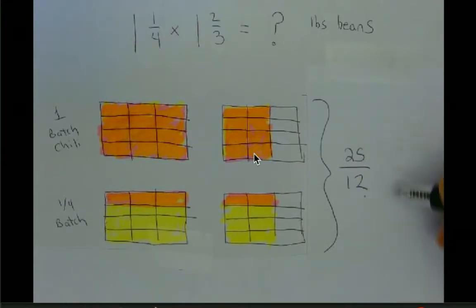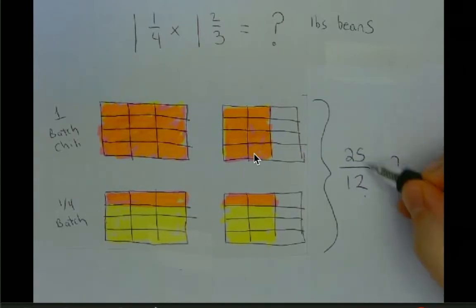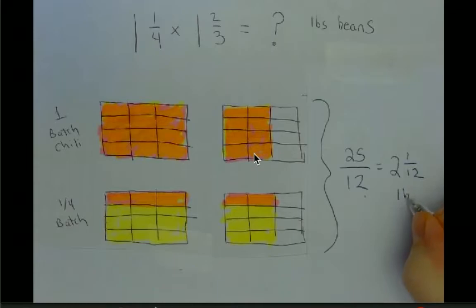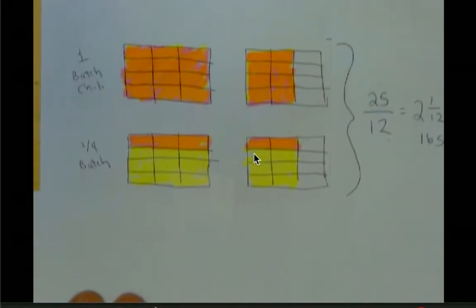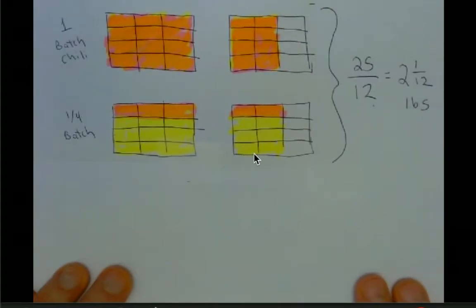So if we want to convert this into pounds, we realize we can make 2 full groups of 12 to get to 24, and we'd still have 1 piece left over out of the possible 12. So that would be 2 1/12 pounds of pinto beans that we would need to make this chili. And good, just to verify that, we should take a look at the algorithm and see what we get when we do it with the algorithm.